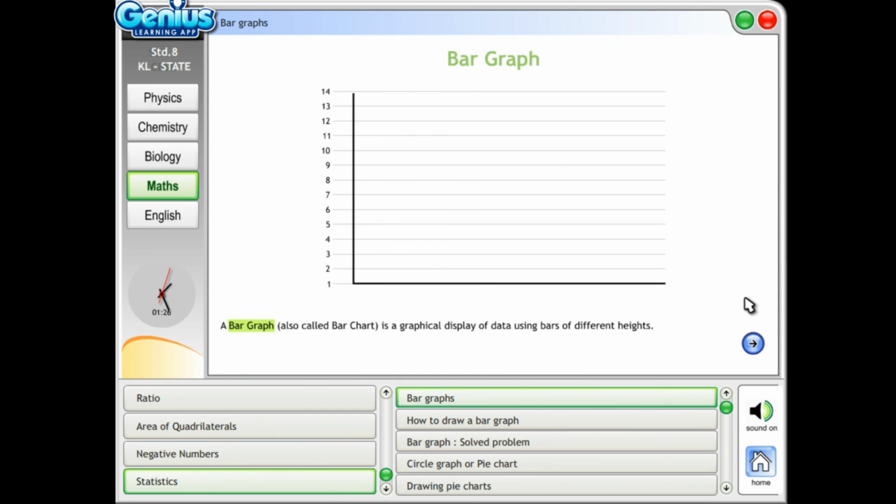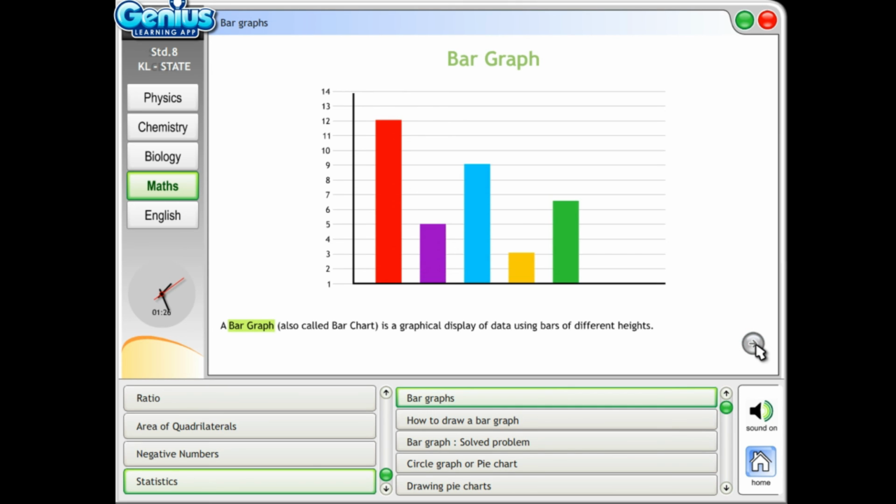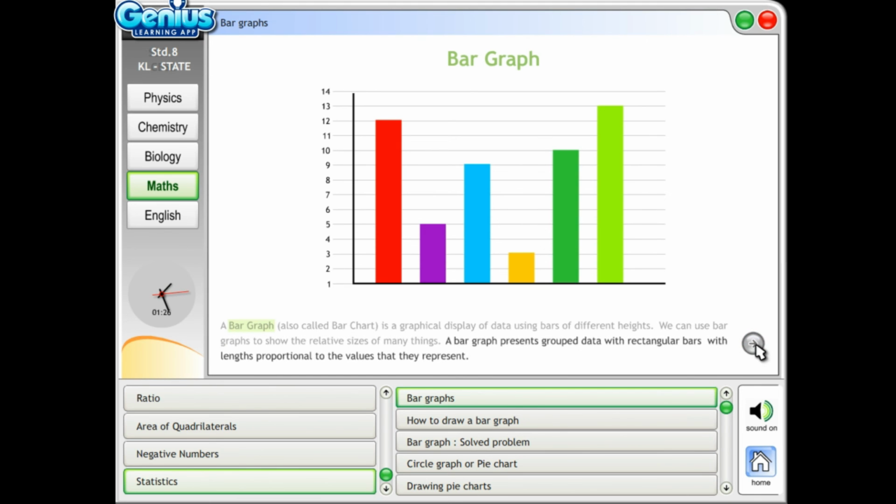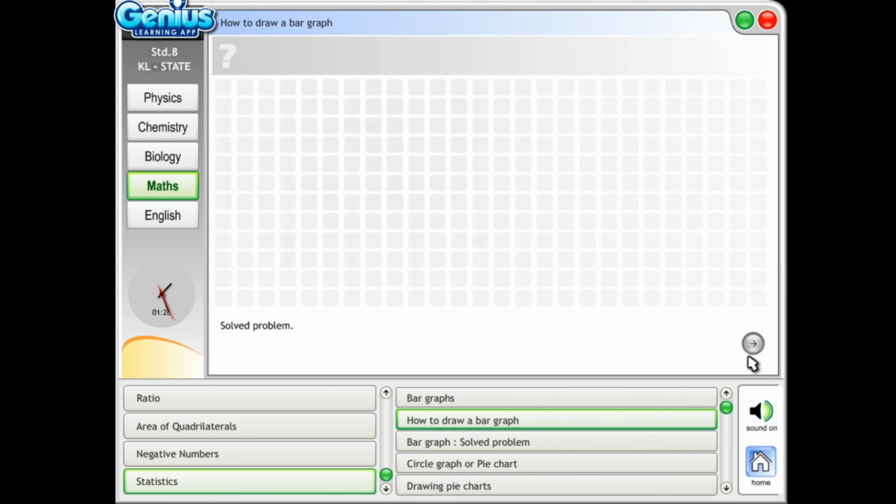Bar graph. A bar graph, also called a bar chart, is a graphical display of data using bars of different heights. A bar graph presents grouped data with rectangular bars with lengths proportional to the values that they represent. Solved problem.